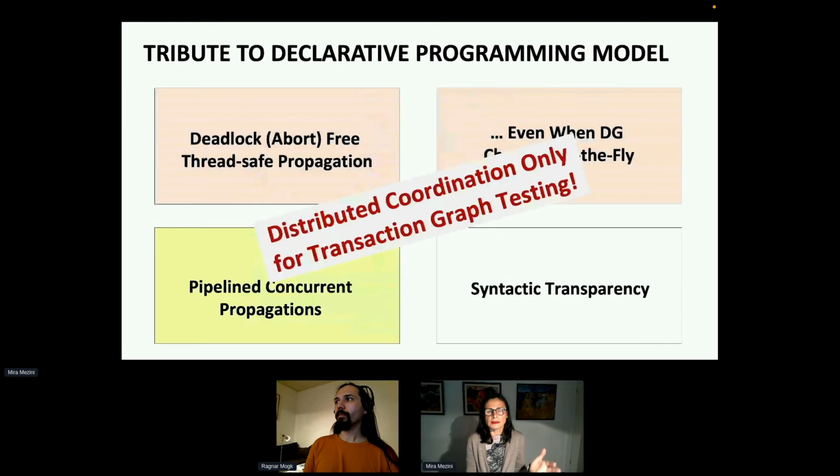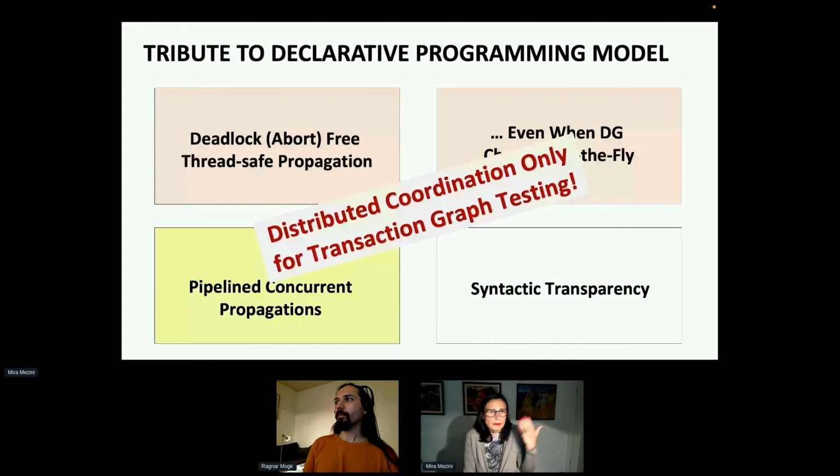The good news is that we reduce the need to coordinating only at the start of a new flow. After they start, they can run without coordination. So we have reduced the amount of coordination and hidden it so that the developer doesn't have to do anything in order to coordinate concurrent distributed flows.